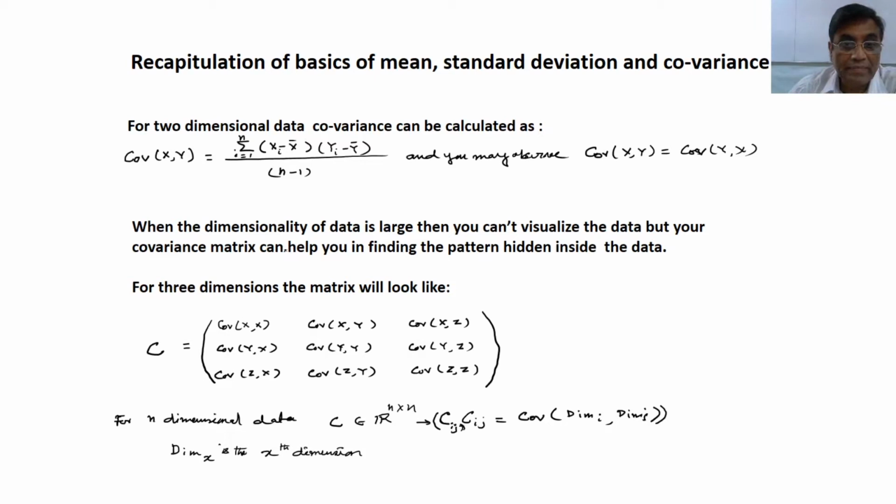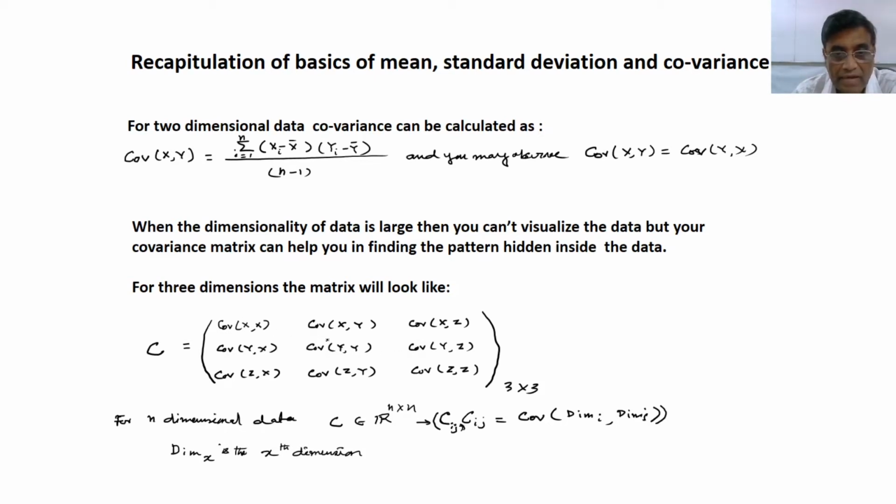When the dimensionality of the data is 3, for example, the covariance matrix will be in the form of a matrix. The matrix dimension will be 3 cross 3 because we have 3 dimensions. The first row will be the covariance between x and x, x and y, x and z. Then the second row has the covariance between y and x, and covariance y and y.